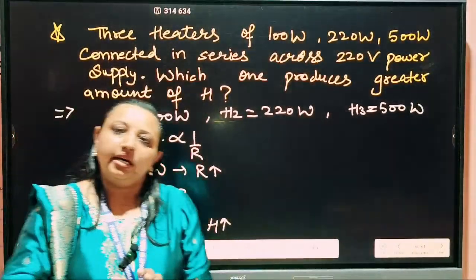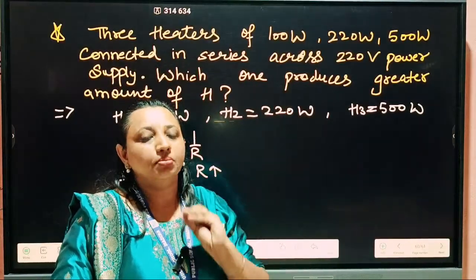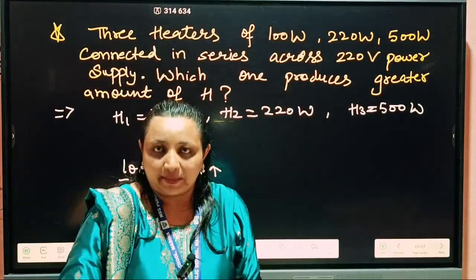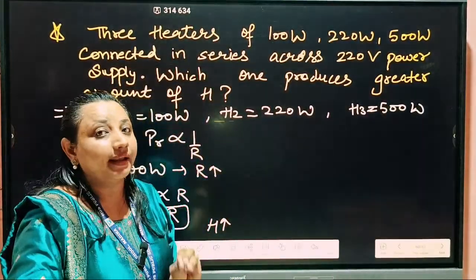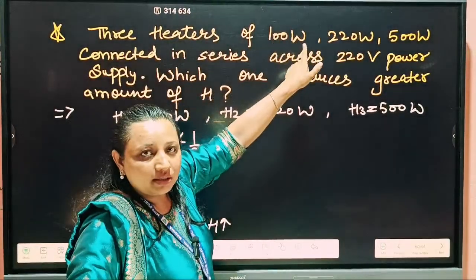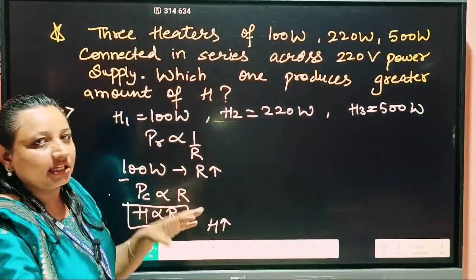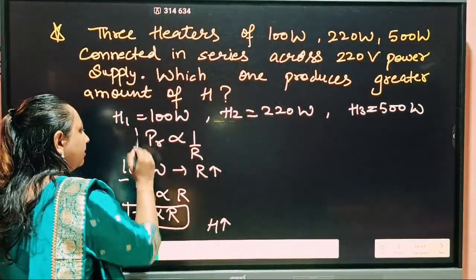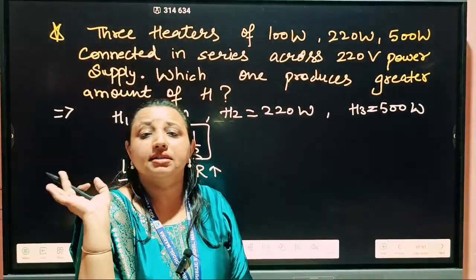So it is not needed to solve the whole question. It consumes a greater amount of time. So by these concepts, we can save our time. So just by saying that, okay, less rated power, that means it is inversely proportional to the resistance, whether it is series or parallel combination. And if they are connected in series combination, ये भी देखने की जरूरत नहीं है.